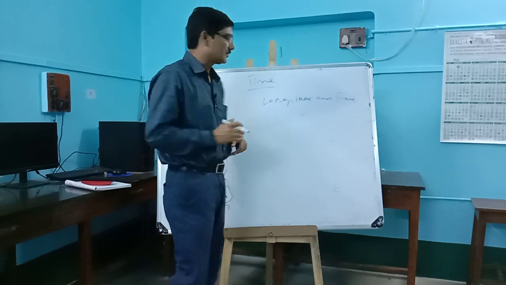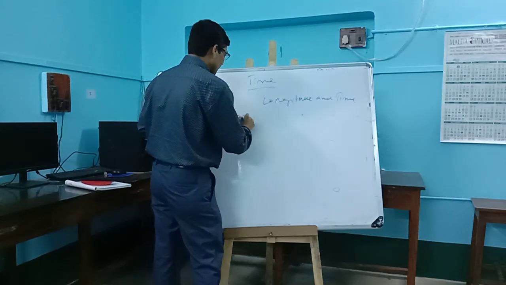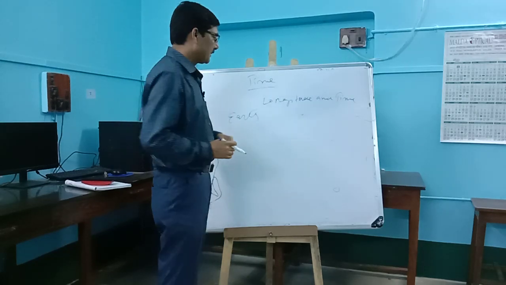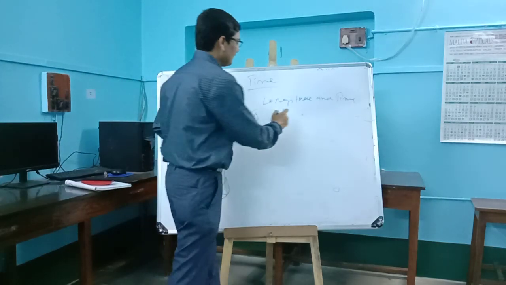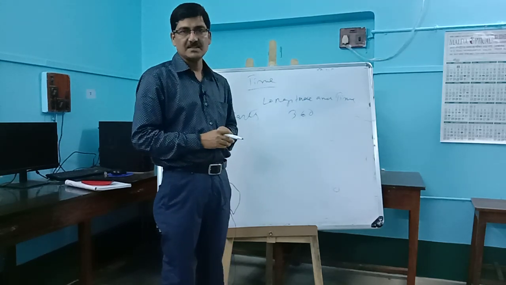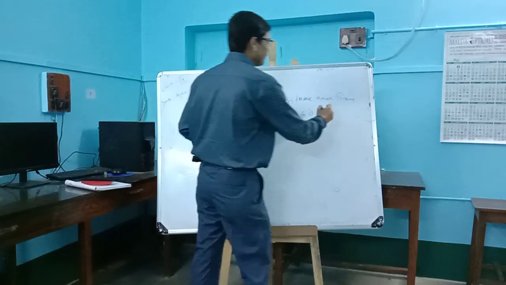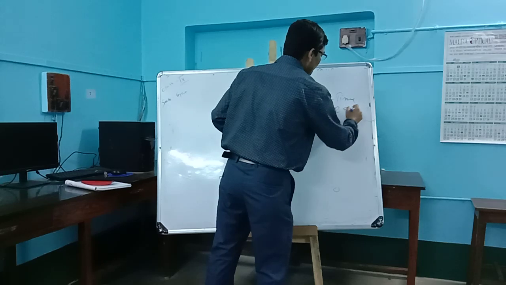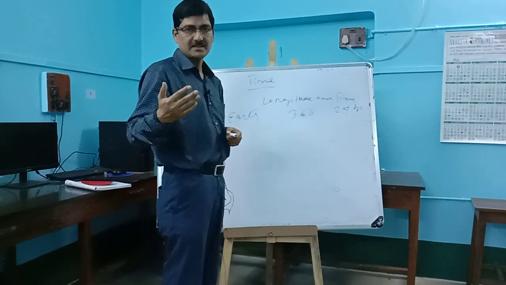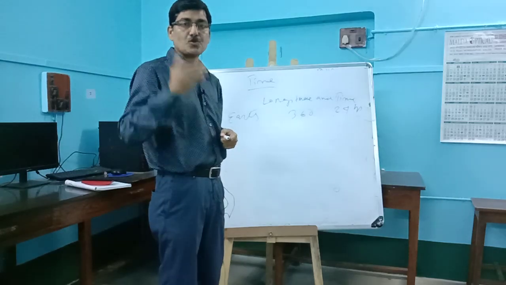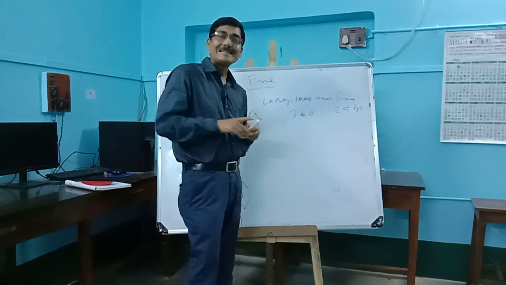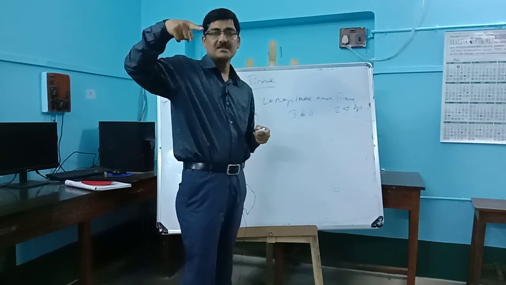And all of you know the earth makes a complete circle, that is 360 degrees, in 24 hours, on its own axis. The earth takes 24 hours to complete 360 degrees.